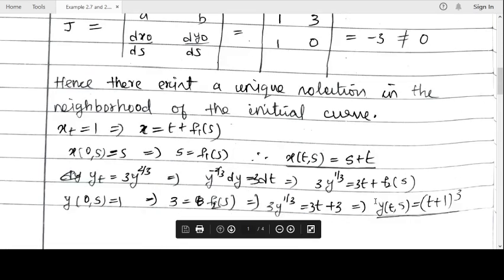Now when we apply the initial condition, we have y(0,s) is equal to 1. So when you put t equal to 0, we have y is 1. So we get 3 equal to f2(s). So when you substitute here and divide throughout by 3, you will get y equal to (t plus 1) whole cube.